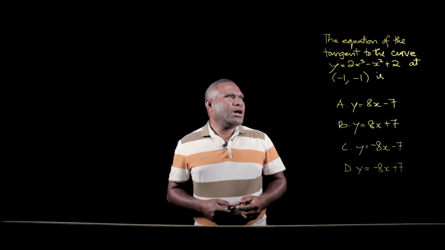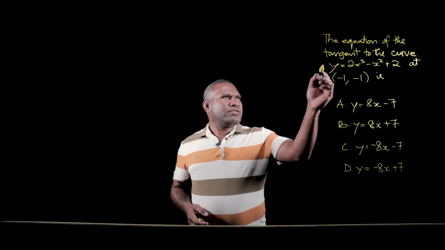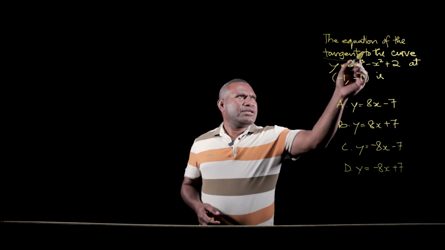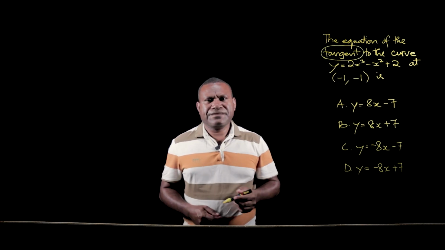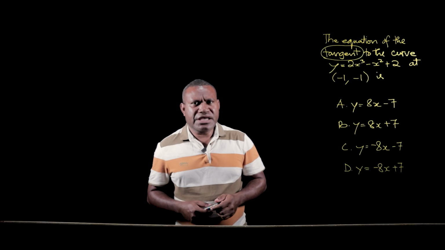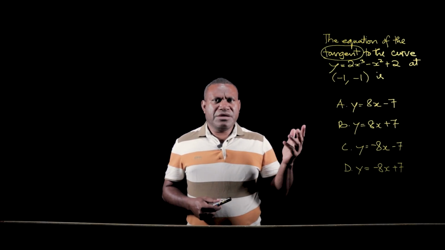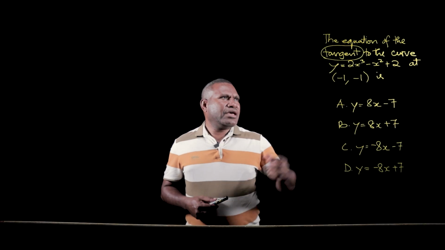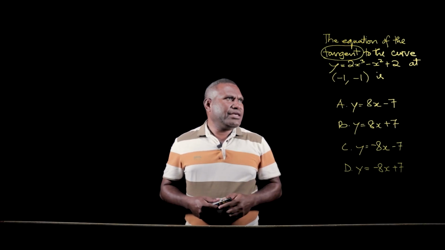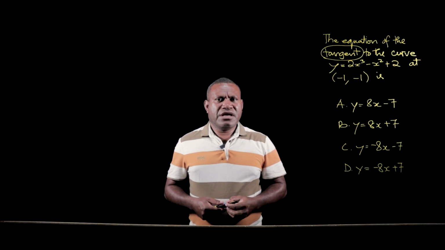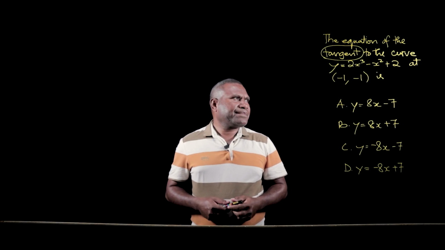The key term is the word tangent. A tangent is a straight line that passes through a point on a curve. In this case, we have a cubic function, so it will be a cubic curve.